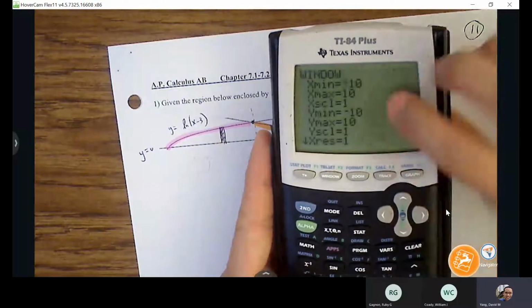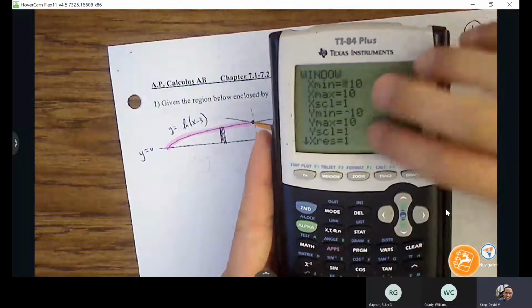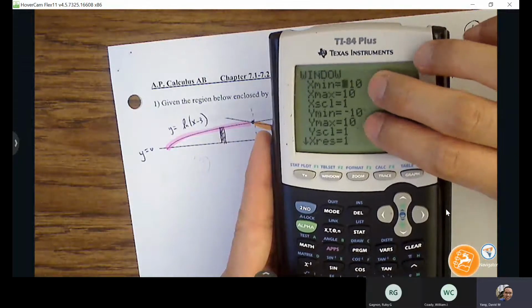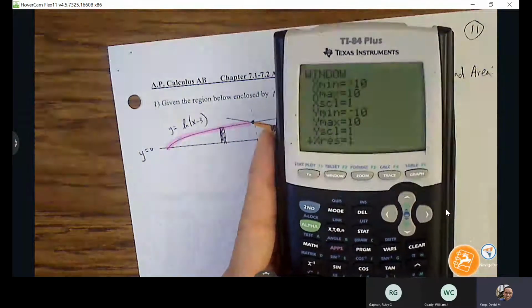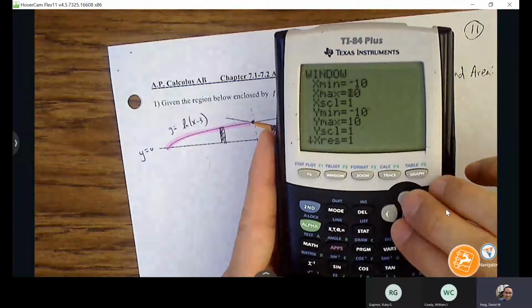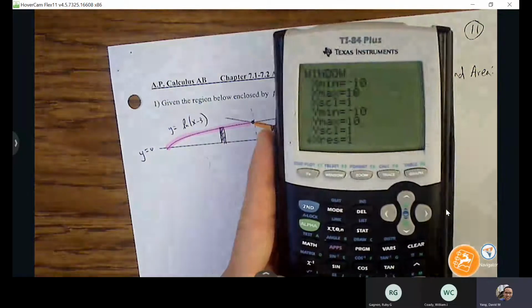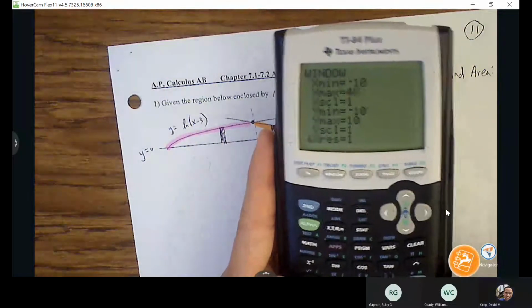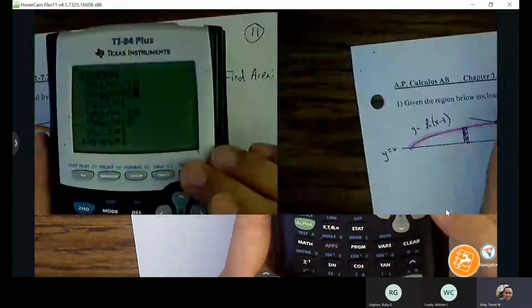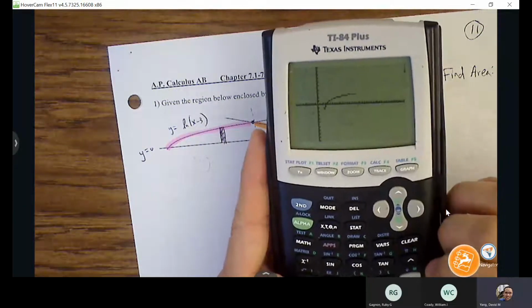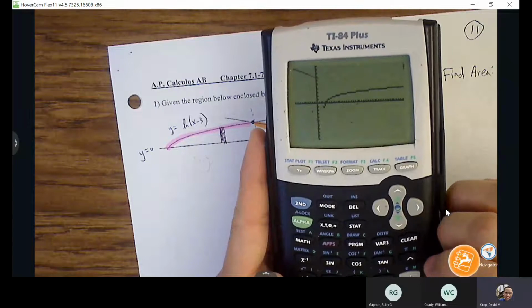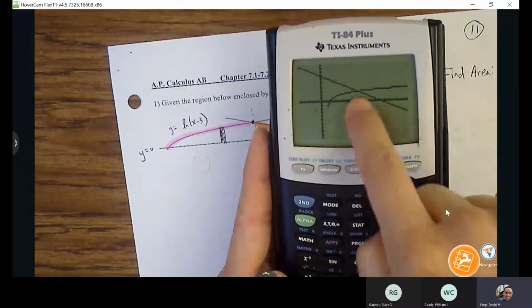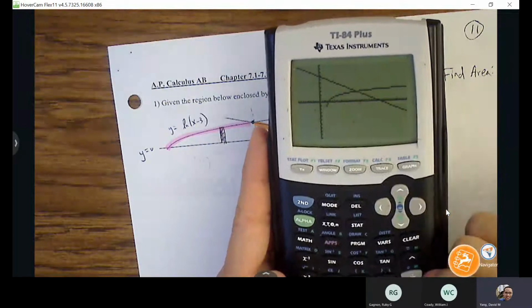So just play with these 4 numbers, x min, x max, y min, y max. That will extend your x or y axis. Here, I want to extend my x-axis a lot more to the right, so just choose a large number, like 40, 30, and you can see a lot more. So that's all we need, right? We just want to be able to see that intersection.